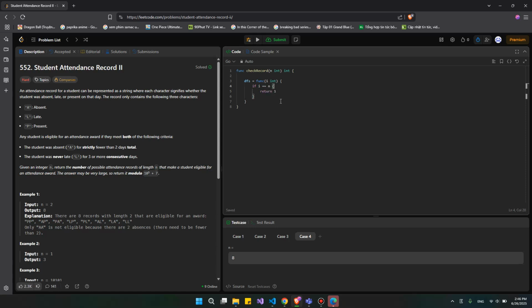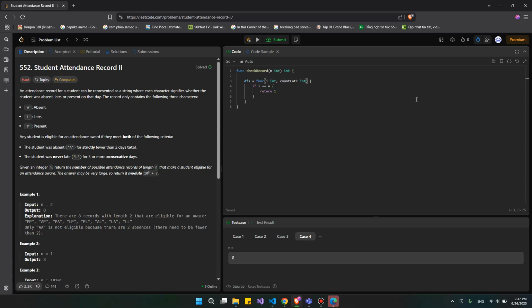It is the base case, if we can generate to n a valid record. Okay, so we need one more parameter, the count late.